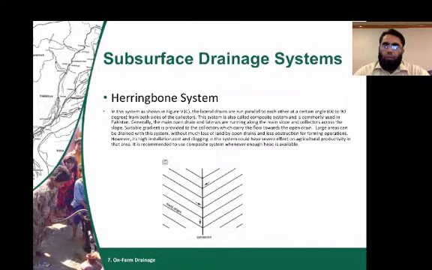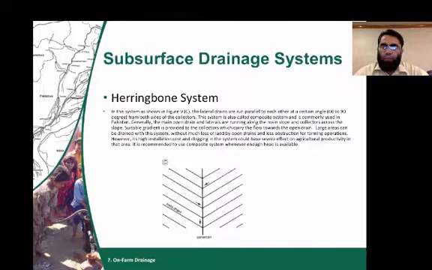Then we have one more layout in subsurface drainage system known as herringbone system. In this system, lateral drains, they run parallel to each other at angle varying from 60 to 90 degree from both sides of the collector.